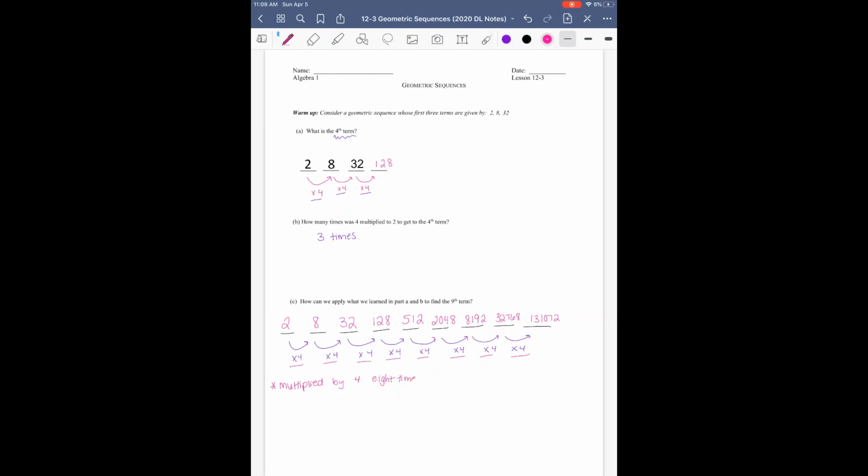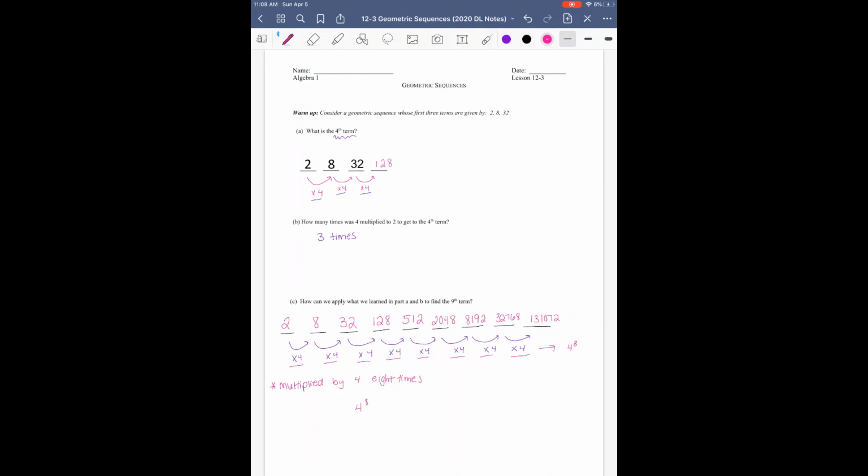When we have repeated multiplication, we have a shortcut writing method to write that. So times 4, 8 times, is the same as 4 to the 8th power. So let's see if we can figure out how we can write a shortcut method so that I get my final answer of 131,072.